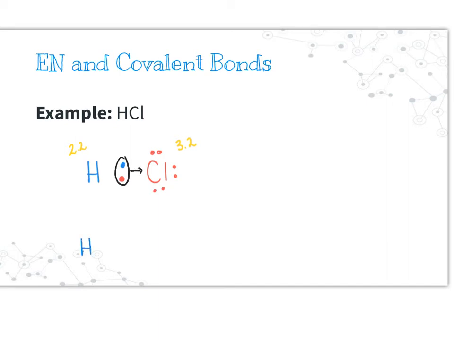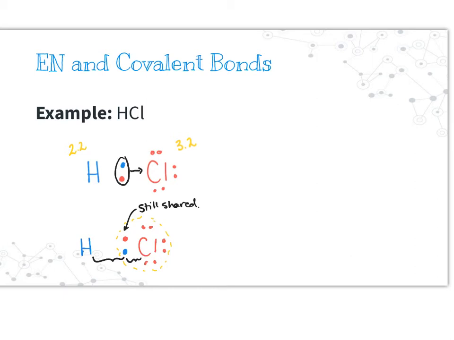So if I redraw this pretty much the same way, but now I can draw these electrons a little bit closer to chlorine than they are to hydrogen. Okay, they are still being shared. They're just a little bit closer to one atom than the other. If this is the case, chlorine starts to act like it's got a full octet.